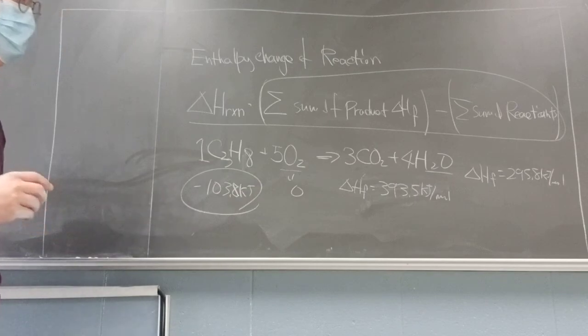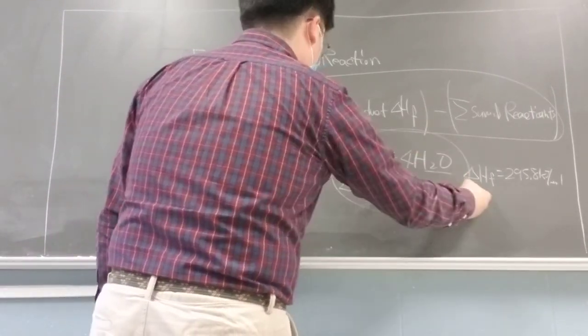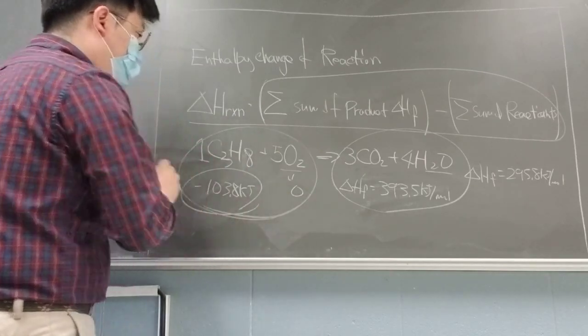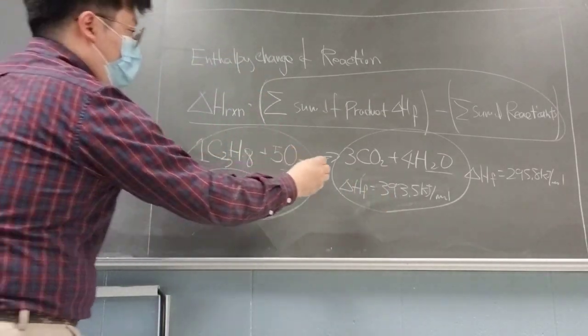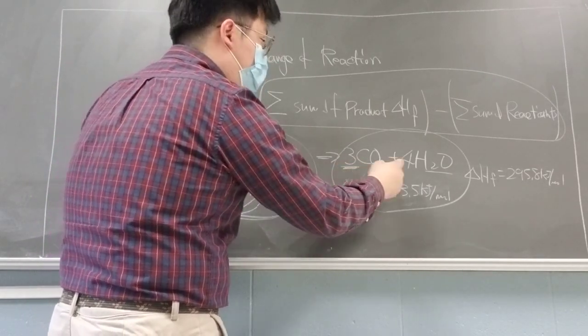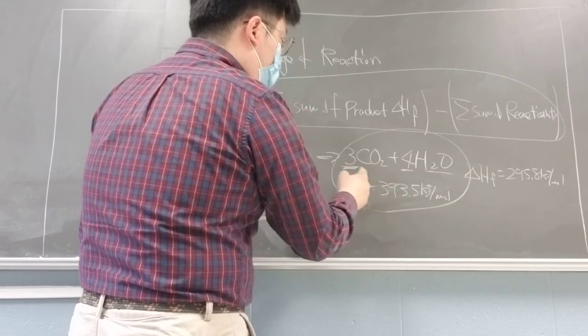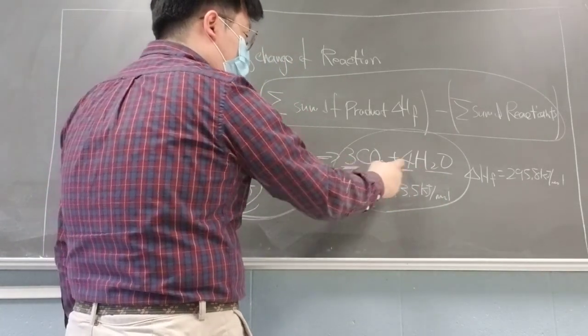So we're going to sum up this one minus the sum of this one. But here's the thing: we have a 3 as a coefficient for carbon dioxide and 4 for water. So we're going to multiply the enthalpy change of formation of each by its coefficient.